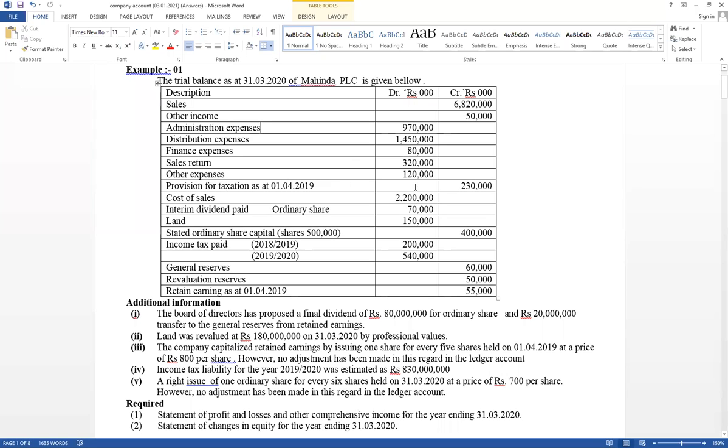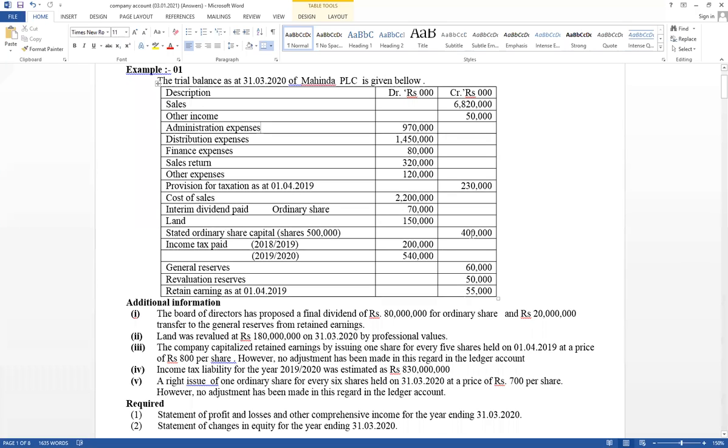Think about provision for income tax. You have to calculate income tax. This is the previous year closing balance. It is relevant for under provision or over provision. Then cost of sales also given. Interim dividends paid for ordinary shares. Think how to disclose it on the statement of changes in equity. And land cost value is given.